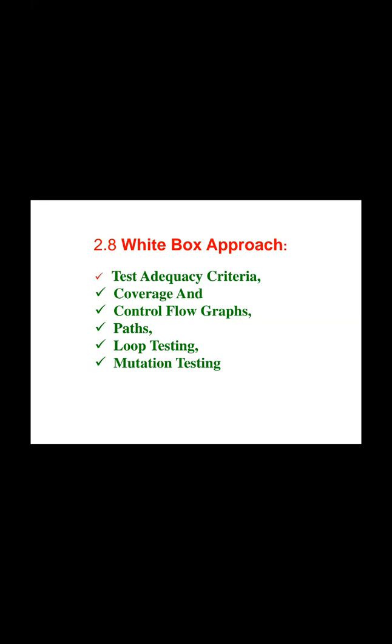If they are giving different results, then the program logic is correct. So under white box testing, we have the following testing methods: test adequacy criteria, code coverage, control flow graphs, paths, loop testing, and mutation testing.